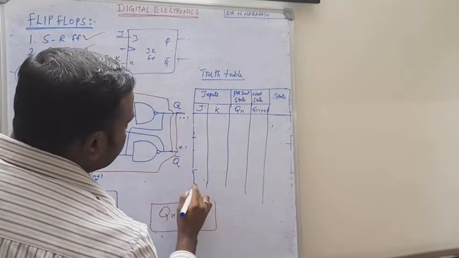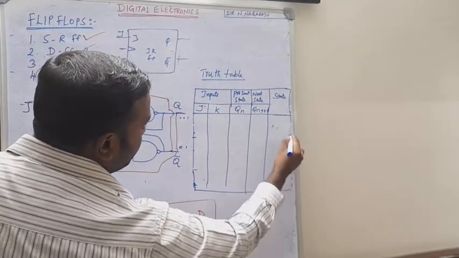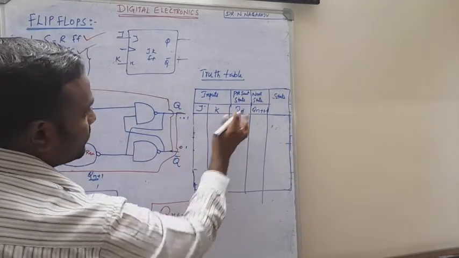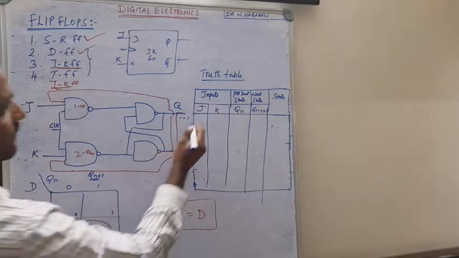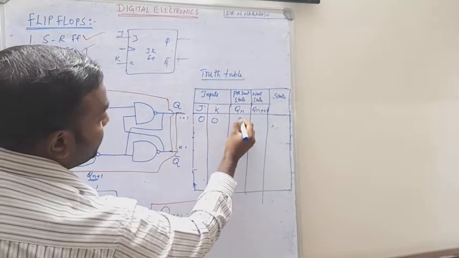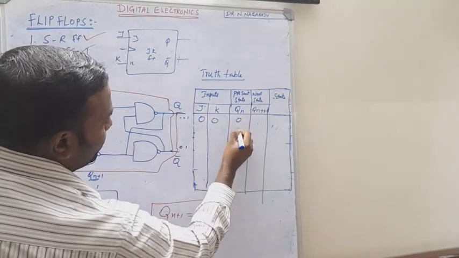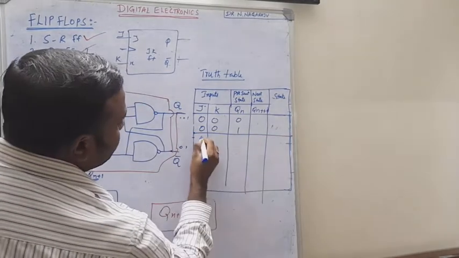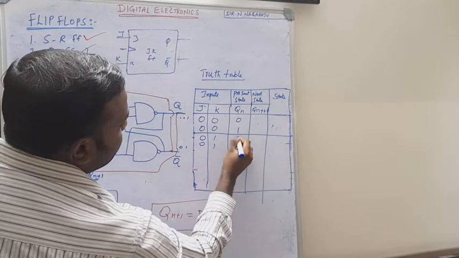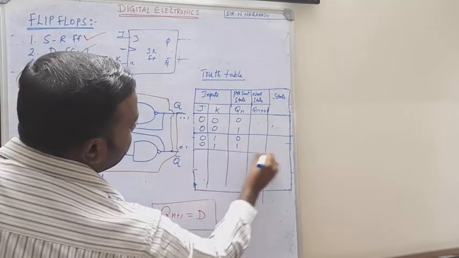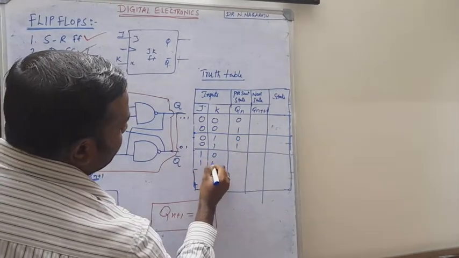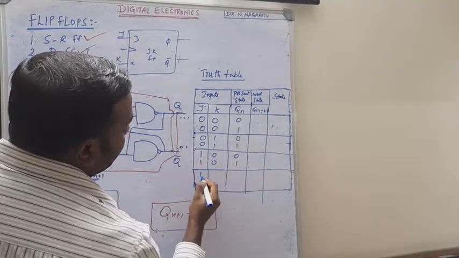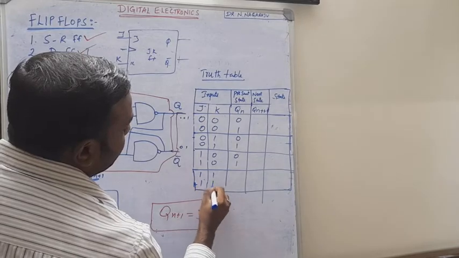Now I am going to analyze the circuit. Two inputs are there, which means 4 excitations. For each excitation, what is the present state you have to do? So for that purpose I am going to use two zeros, then 0 1 0 1 for the present state, then 1 0 1 0, then 1 1 1 1.